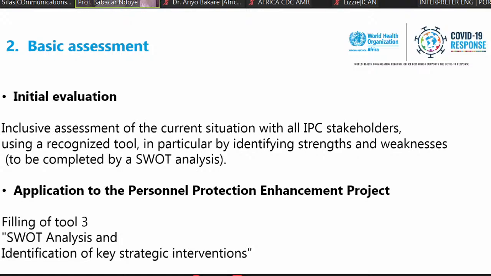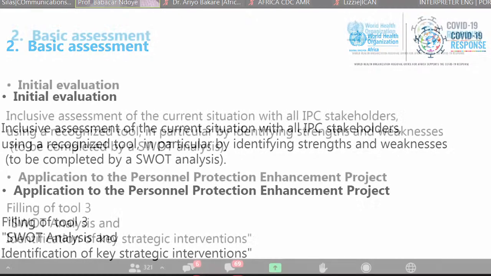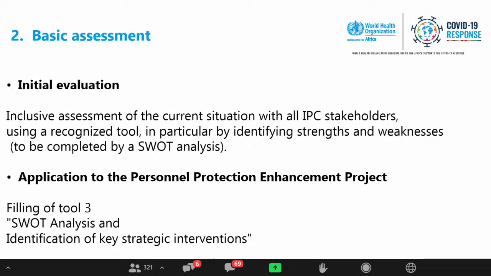To apply these recommendations to the personal protection project, you have to fill in tool tree. What is tool tree? Tool tree allows you to assess the situation of protection of health workers in the countries. It's a comprehensive tool with 5 components: assessing whether a national program exists, assessing a multimodal strategy to prevent infection for health workers.